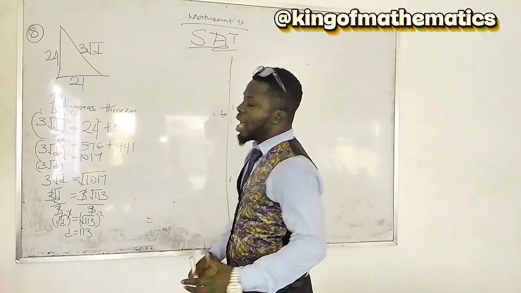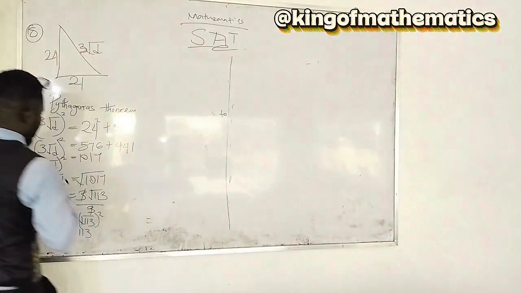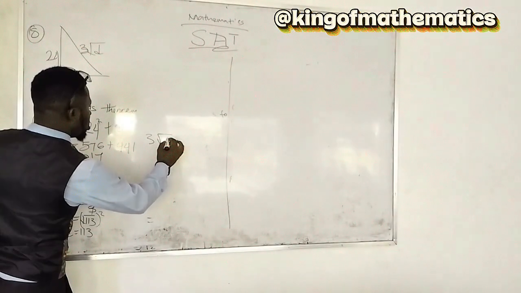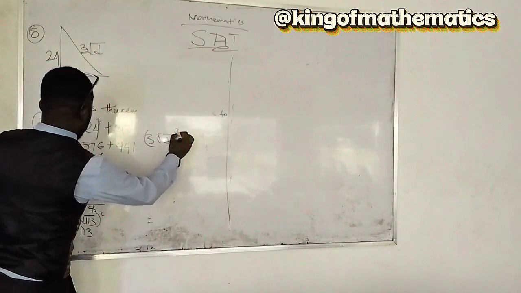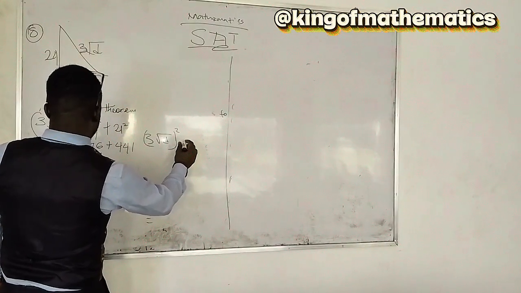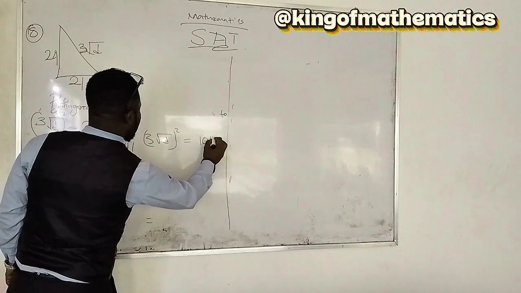But another learner can take it up from here, having 3 root d all squared to be equals to 1017.